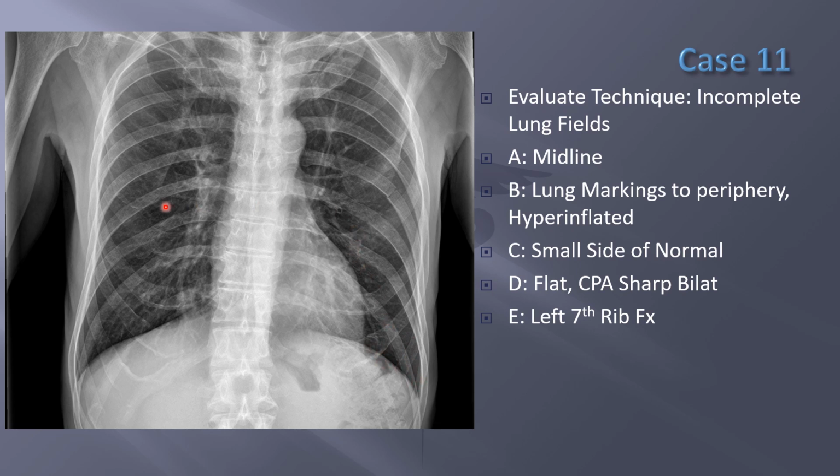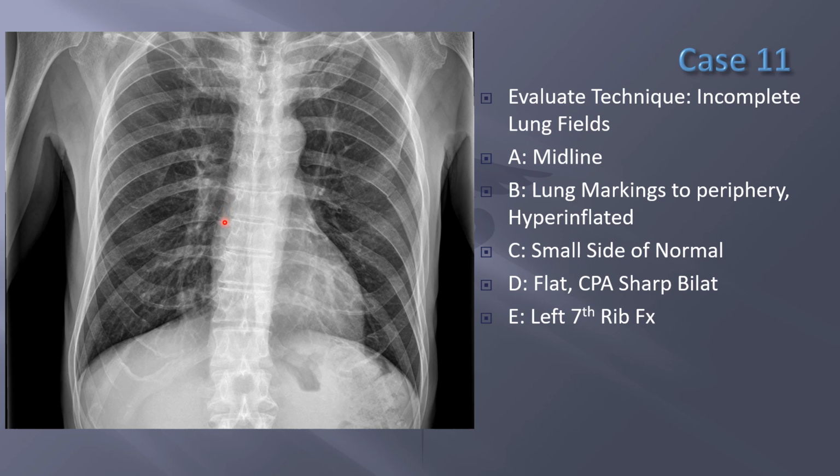I don't see bilaterally any opacities or consolidations that are different. You see the hilar structures. That's kind of a normal finding. This structure here is the scapula. You see the scapula here. So I don't see anything wrong with the lung field per se.